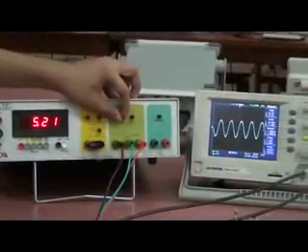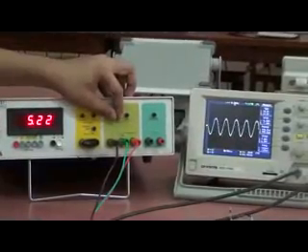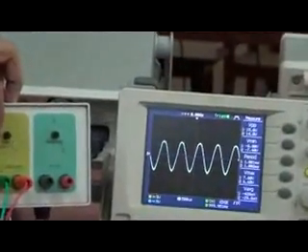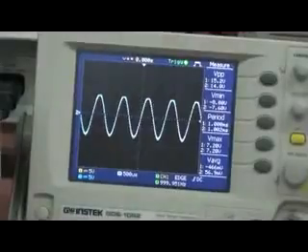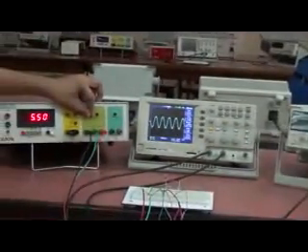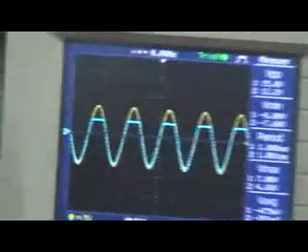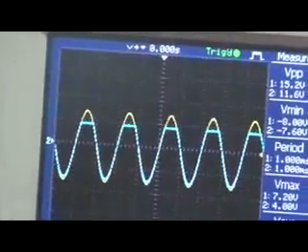As we go on increasing the voltage, the clipping is less, as we can see. And on decreasing the power supply, that is VB, we can increase the clipping for the positive part.